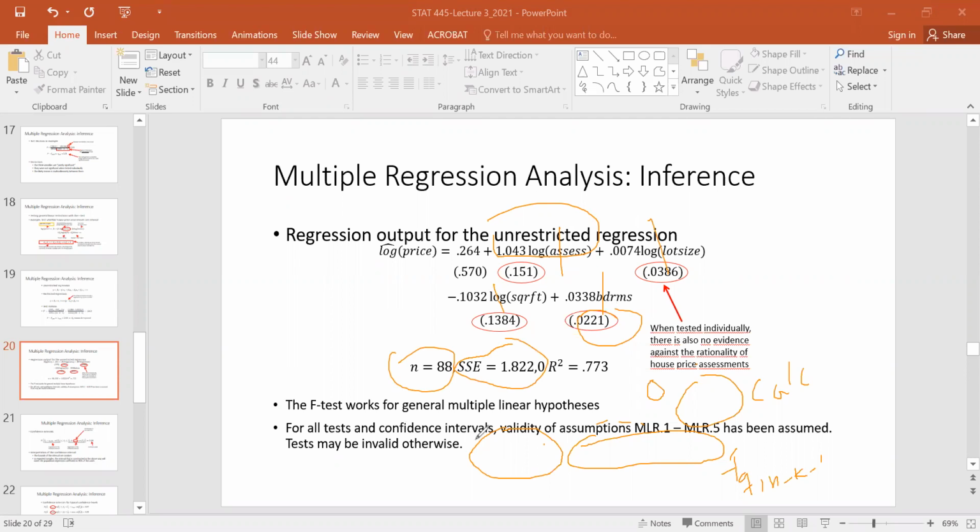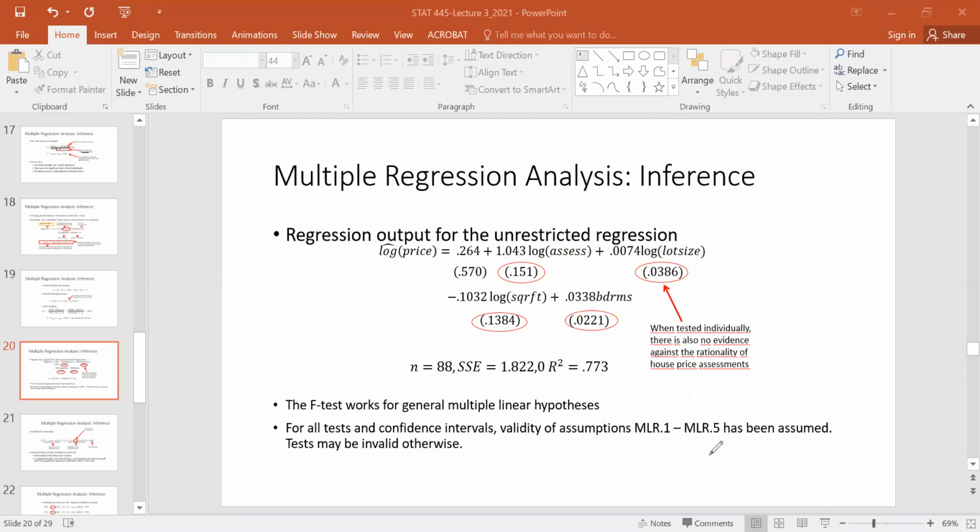So all these tests are valid based on our assumptions that our errors have 0 mean, there is homoscedasticity, the zero conditional mean, and the errors are normally distributed. Actually, if you're asked in an interview why we assume the errors are normally distributed in a regression, it is only meant for hypothesis testing or inference.